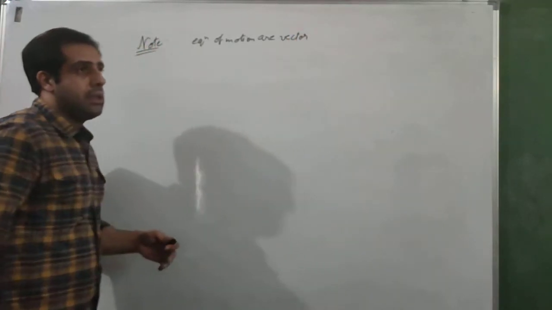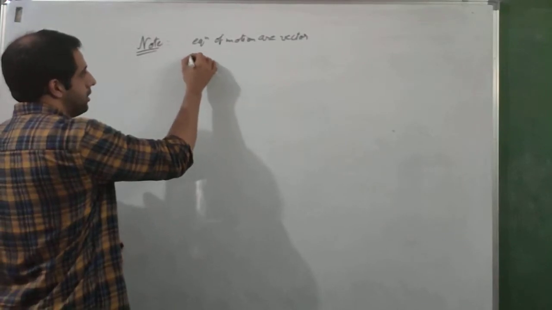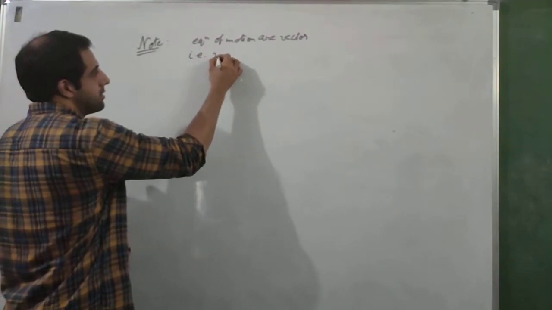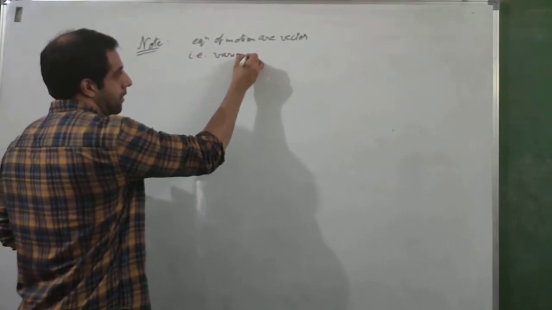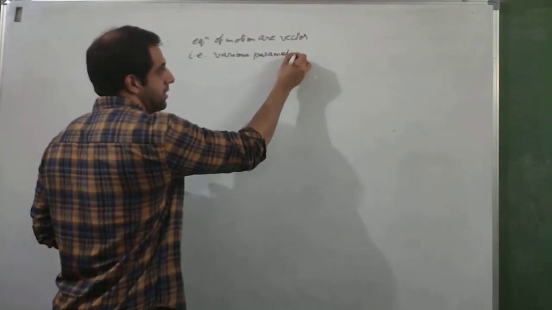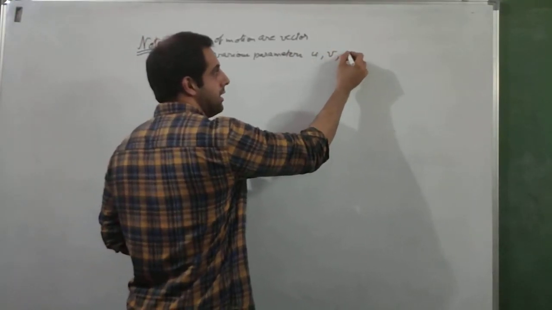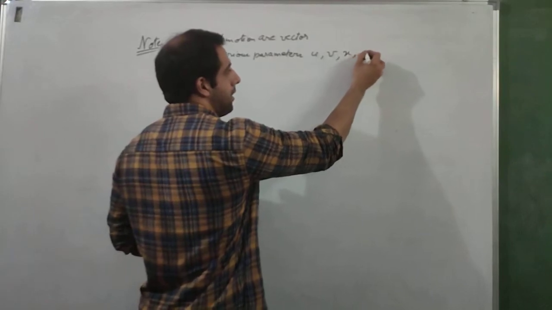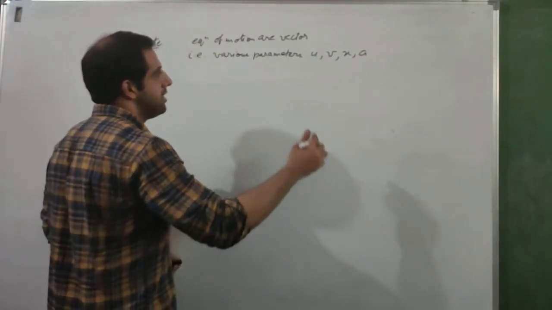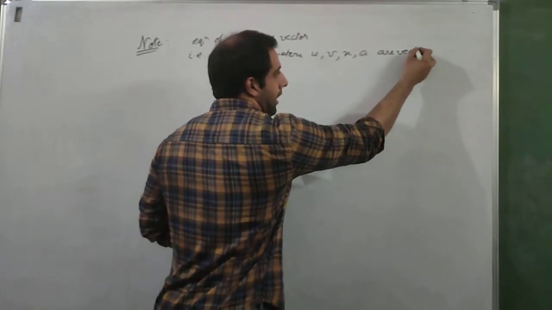That means the direction of various parameters is important. What were the parameters? There was initial velocity, there was final velocity, there was distance travelled, there was acceleration. All of these various parameters are vector in their nature.